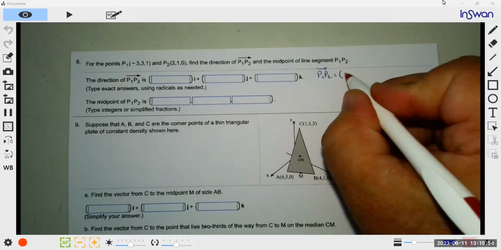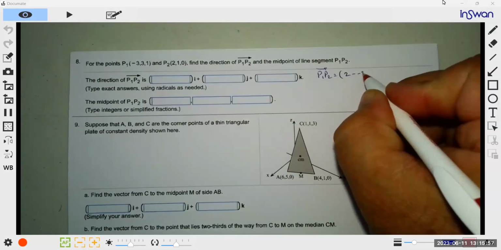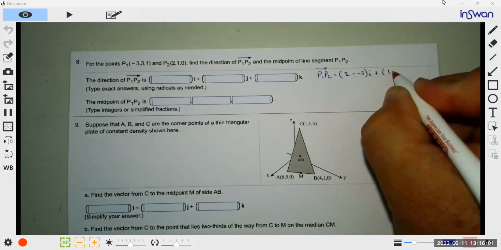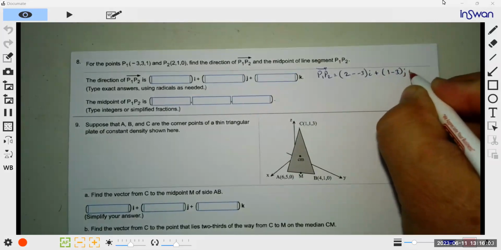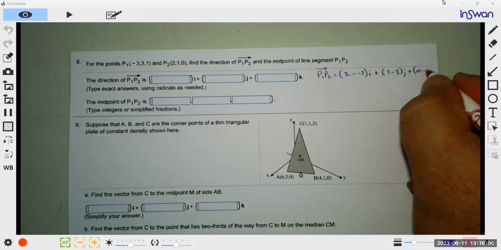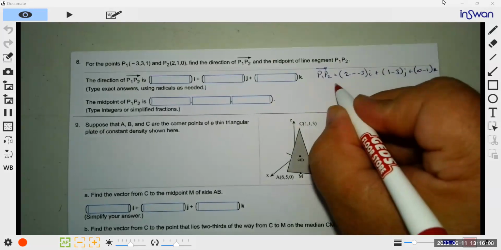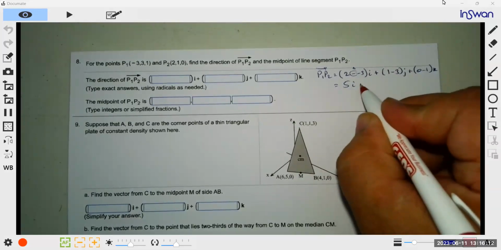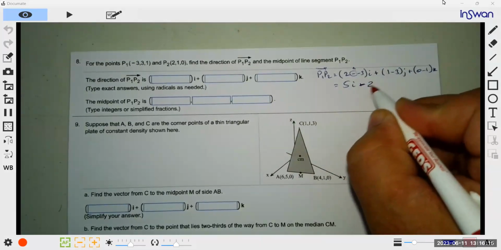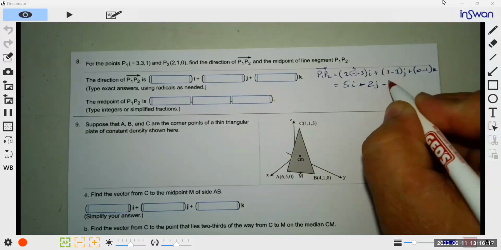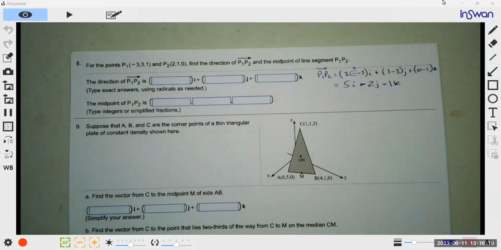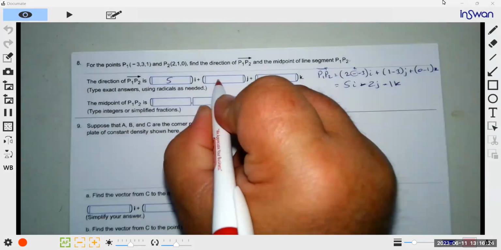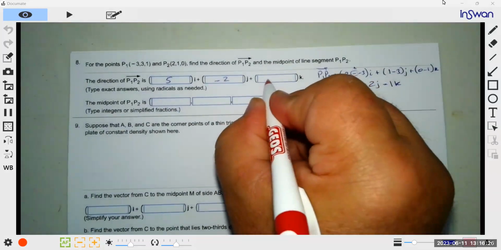So it's 2 minus -3 i, 1 minus 3 j, 0 minus 1 k. So that becomes a plus. So we have 5i minus 2j minus 1k. So 5, -2, -1.